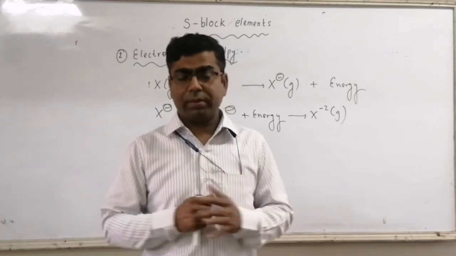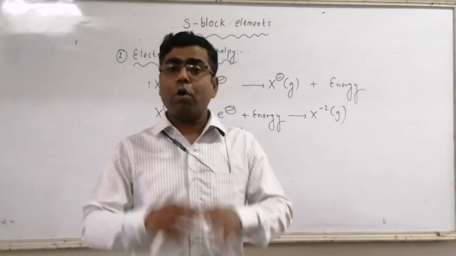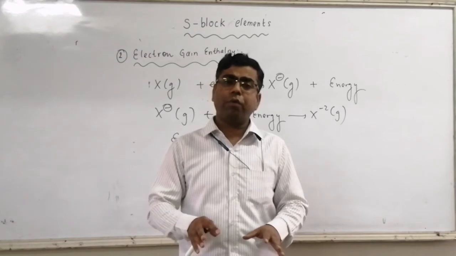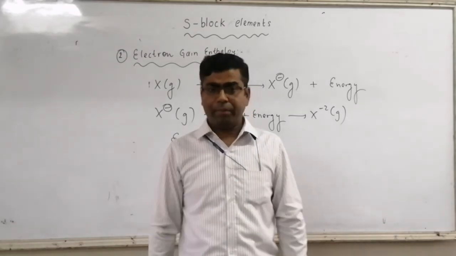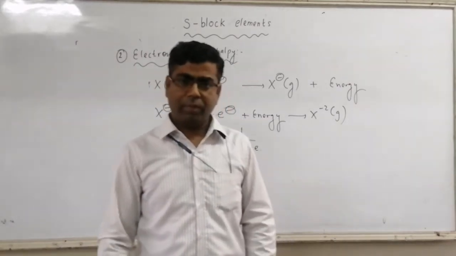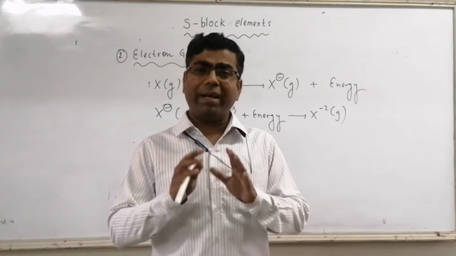These two terms are very important because metallic character or non-metallic character is directly decided by the value of IP and the value of EA. Again, the unit is electron volt. 1 electron volt is equal to 1.6 into 10 to the power minus 19 joule.